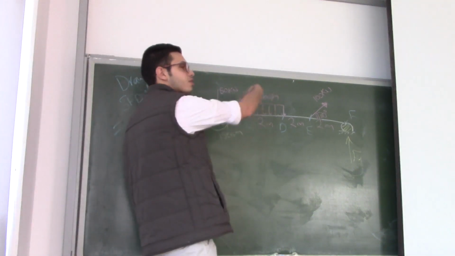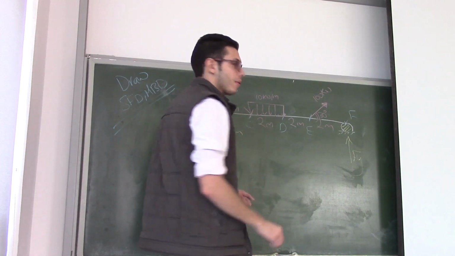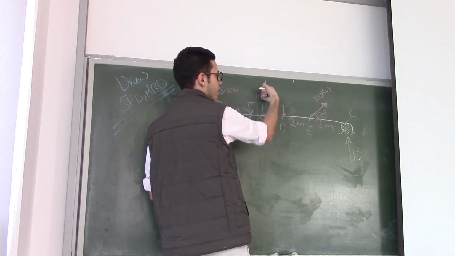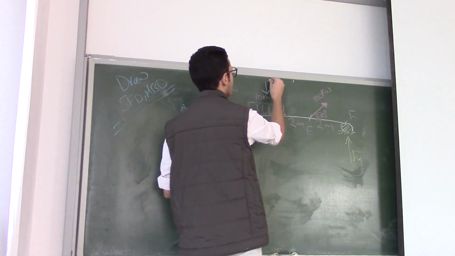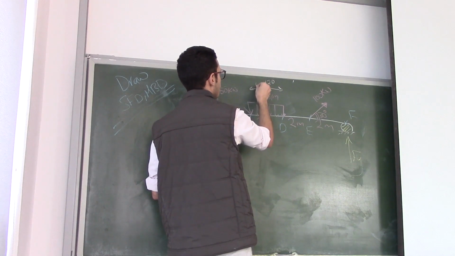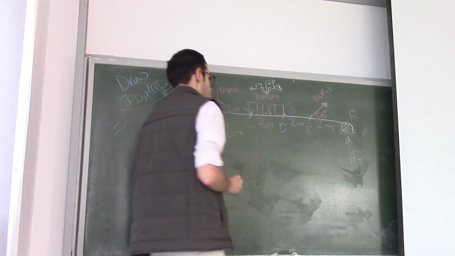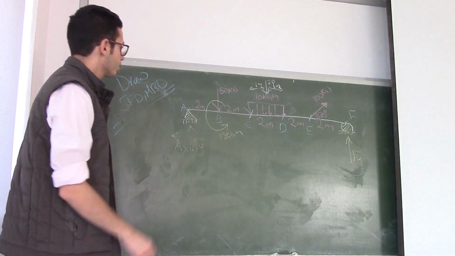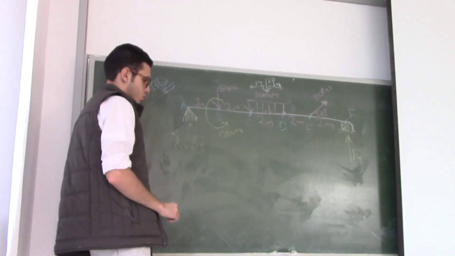Of course, we have a distributed load here: 10 multiplied by 2 is 20, and the distance is 1 meter from each side.